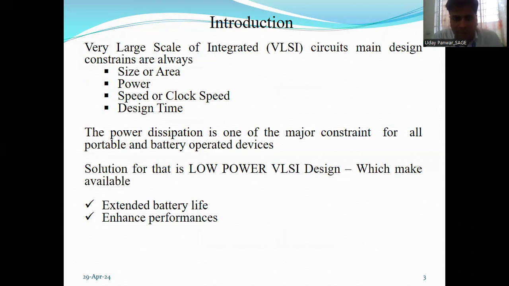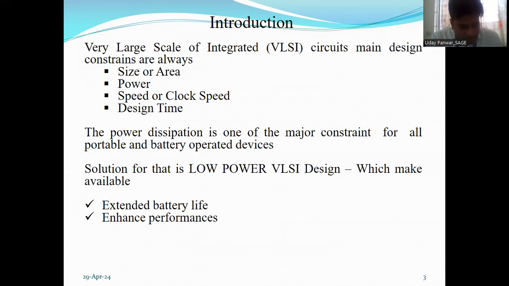constraints, power dissipation is becoming the major constraint due to all the battery operated or portable devices. The solution is to go for a low power VLSI design, which makes available extended battery life and enhances the performance.